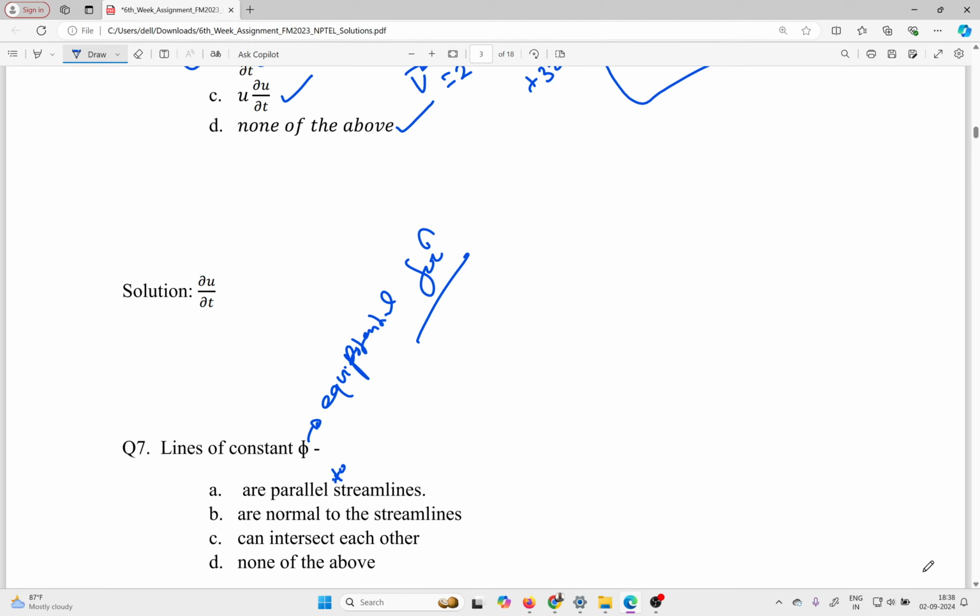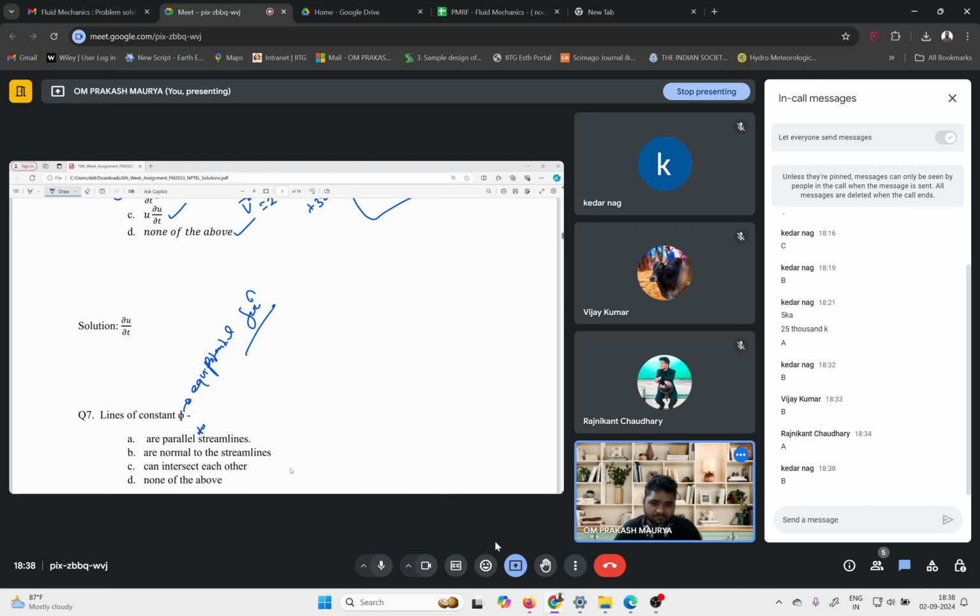Here four options are given. Please try to give your answer in the chat box, all of you. Okay, option B, Kedar is telling. Other students, please also try to give your answer, because based on your answer I will explain.